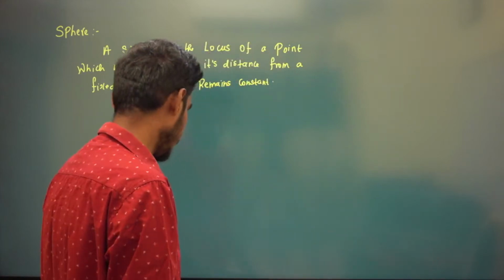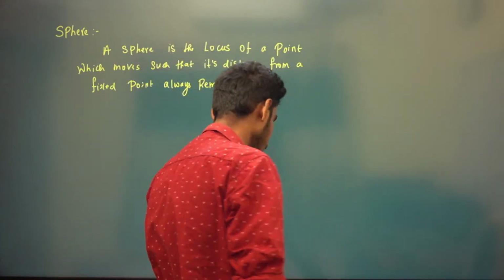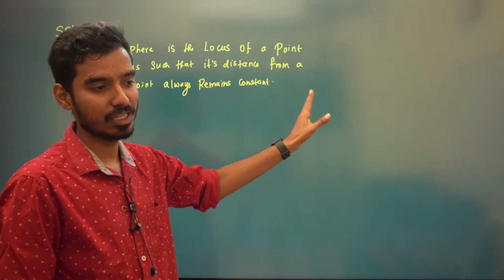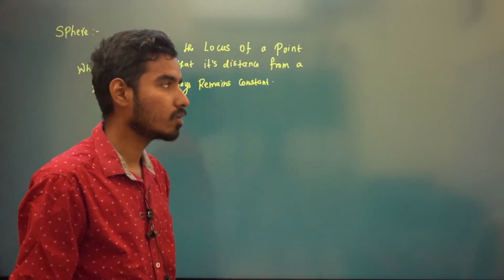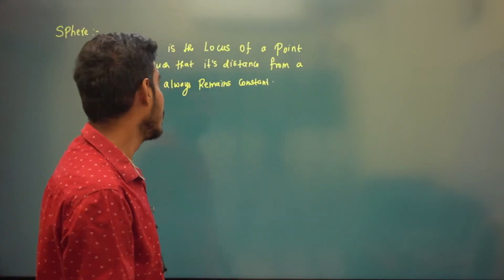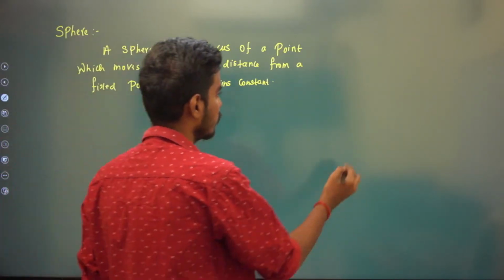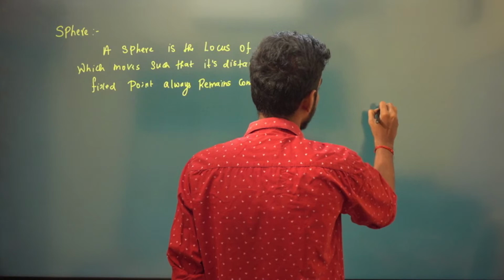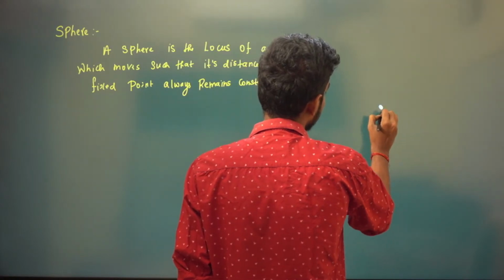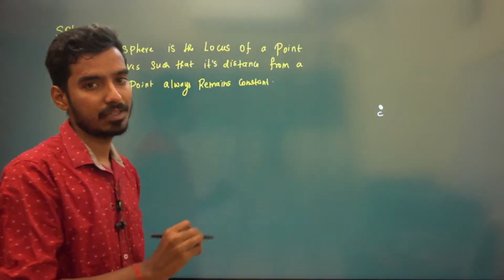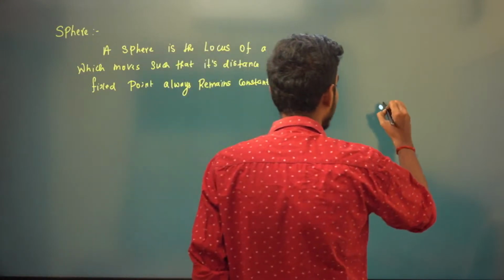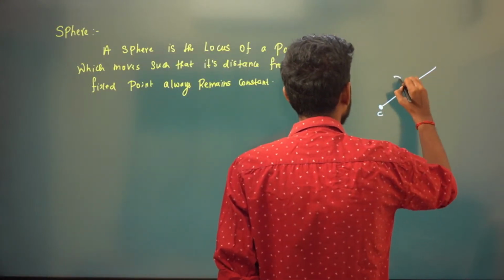Okay. So very simple. First, I'm going to explain this with the help of a circle only, because it is hard to draw 3D here on a 2D surface. So see, very simple. We have a fixed point, right? Let us say the fixed point is C. This fixed point is called the center. Let us have some fixed distance R, right?